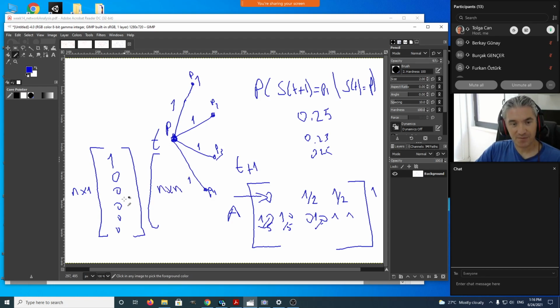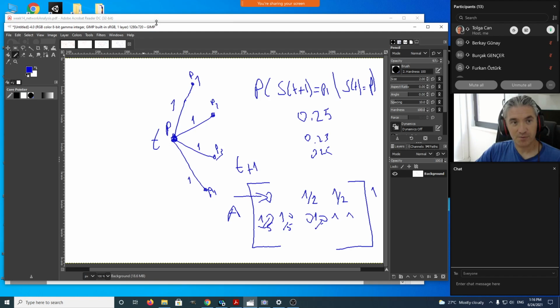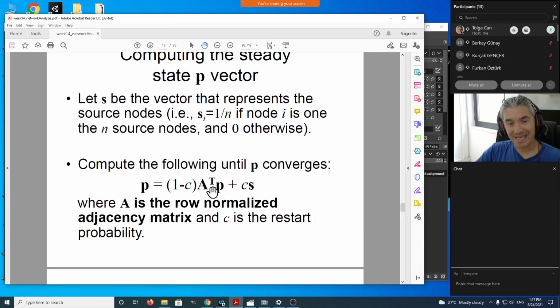We cannot left multiply it. So what we actually do is we take the transpose of this. The transpose of this matrix still is an n by n matrix, but we multiply it with this, and we get at the end an n by 1 new state distribution matrix in the next step.